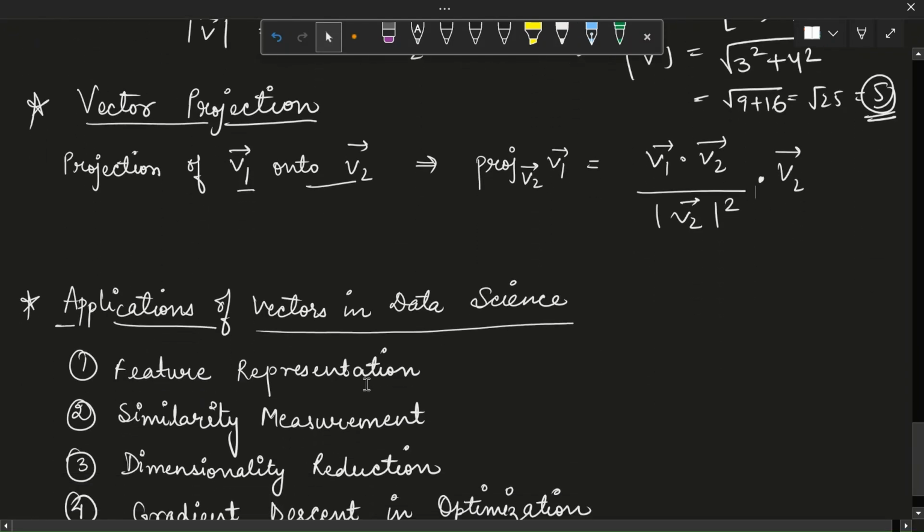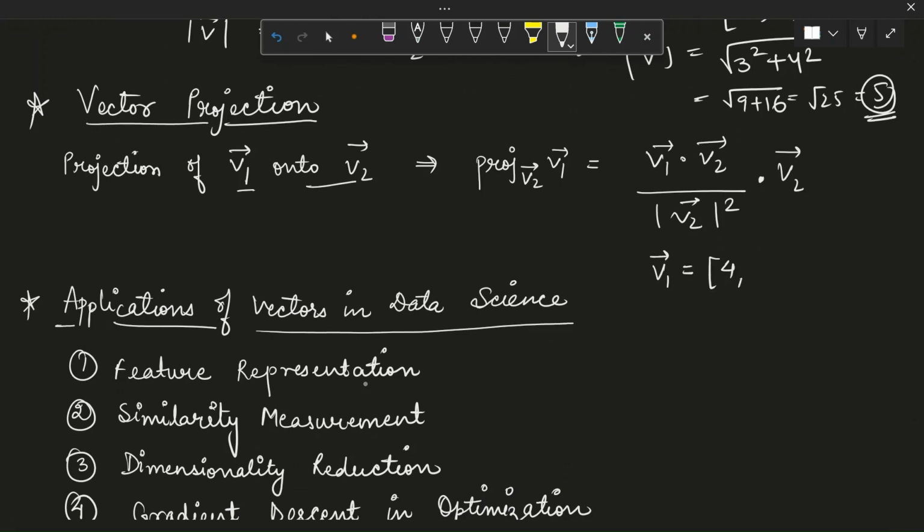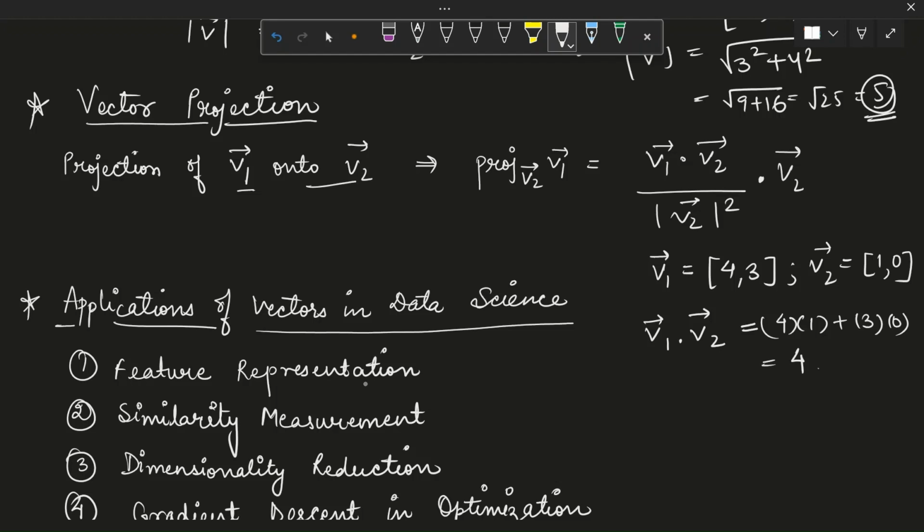Let us take an example here. Suppose we have a vector v1 with components 4 and 3 and a vector v2 with components 1 and 0. Now, v1 dot v2, we will have to perform the dot product, which will be 4 times 1 plus 3 times 0, so it will be equal to 4.